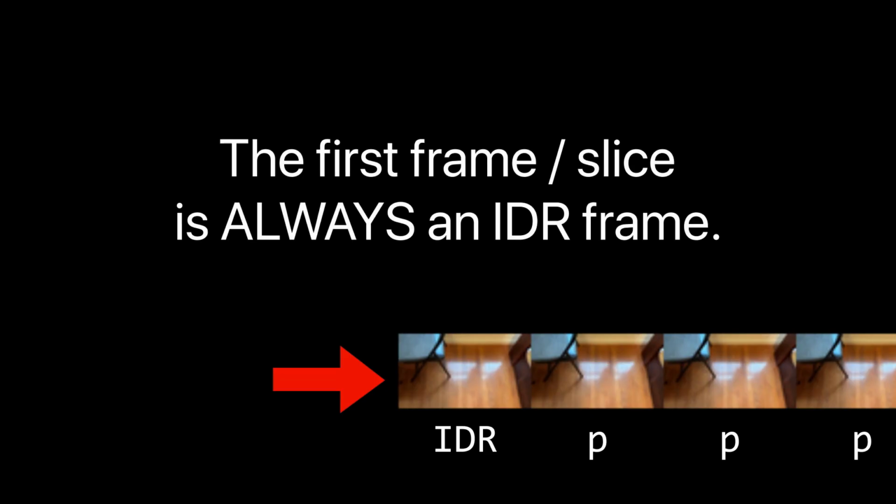IDR frames are commonly found after a cut in a video to prevent this from happening. And for the same reason, the first frame, which we just encoded, is always an IDR frame.